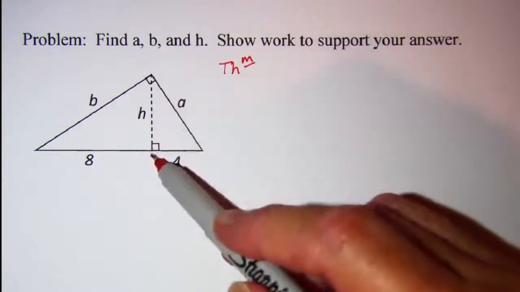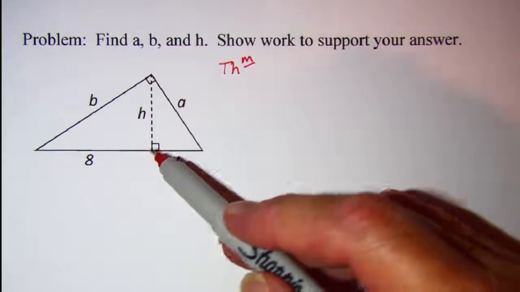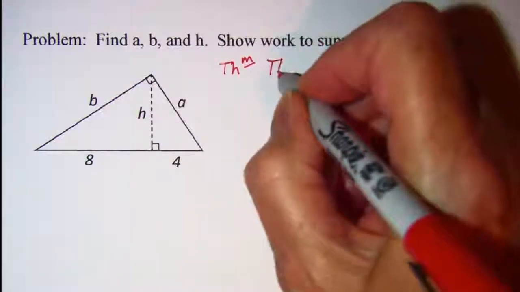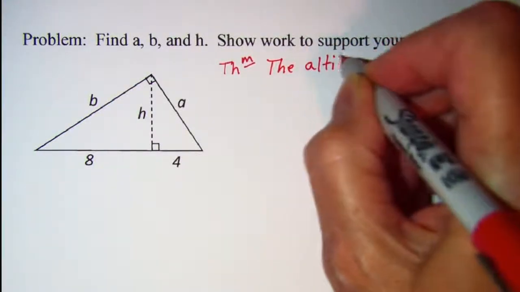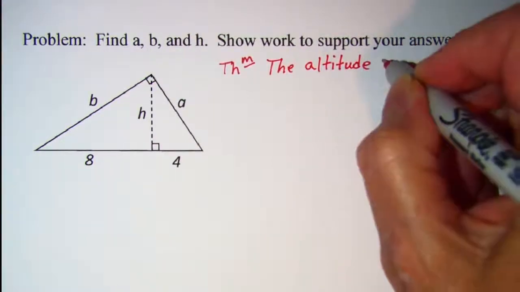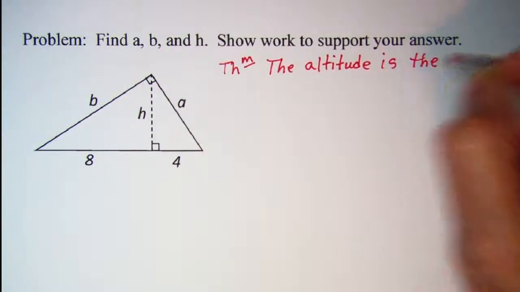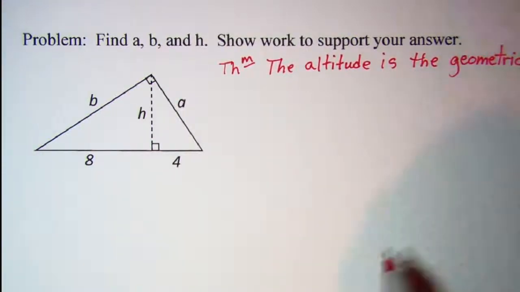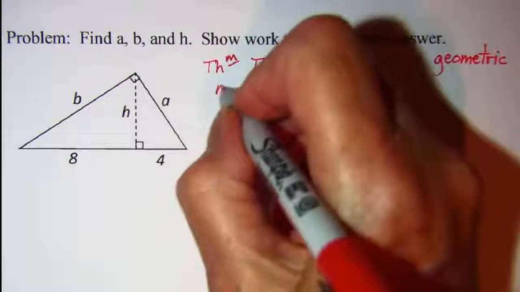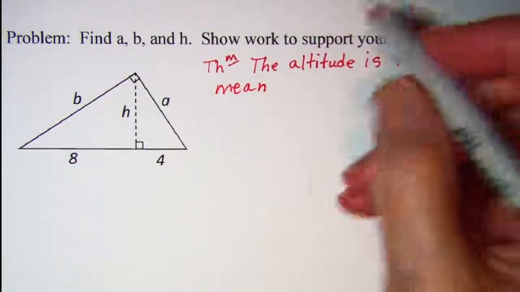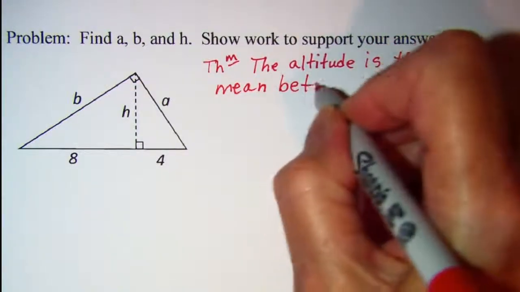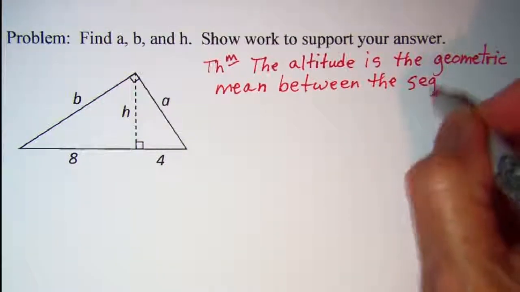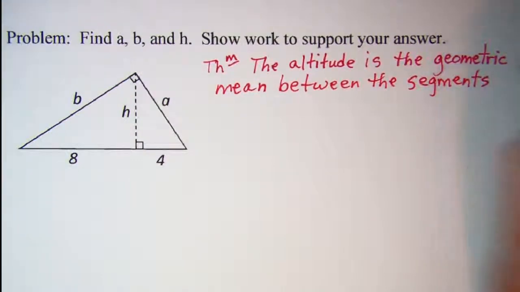Because we have the altitude dropped to the hypotenuse of a right triangle, the theorem says the altitude is the geometric mean between the segments of the hypotenuse.